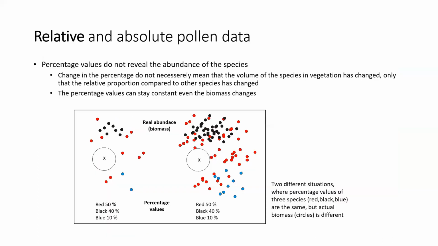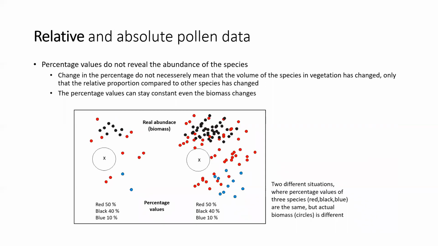Then about the relative and absolute pollen data. So basically the relative pollen data means the proportion of certain species of a certain amount of pollen counted. And these percentage values do not actually reveal the abundance of the species.